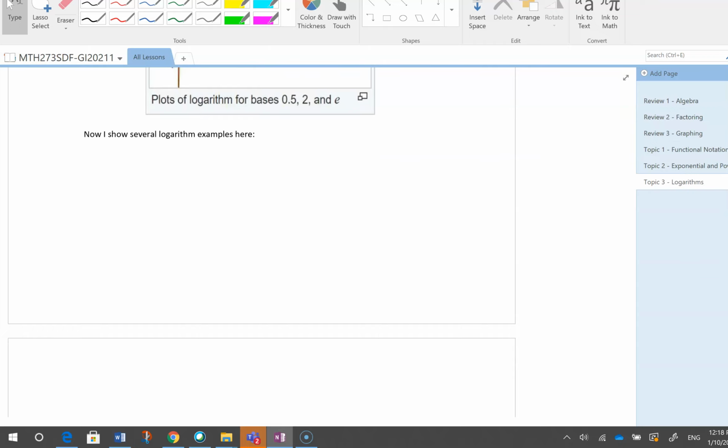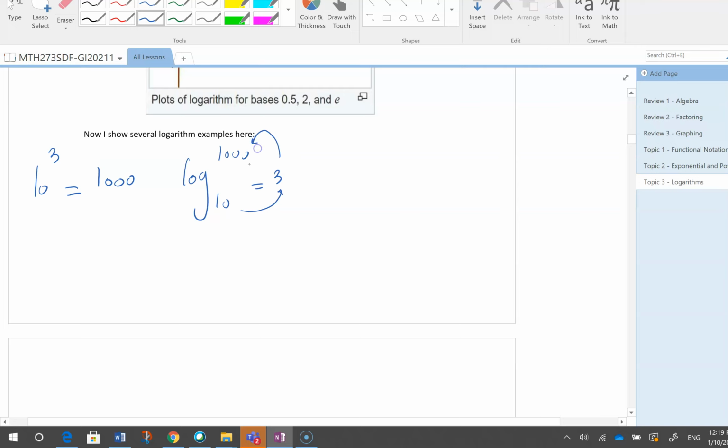Now I want to show you several logarithm examples. What is 10 power 3? 1000. How can I change this to logarithm? Logarithm of 1000 base 10 is 3, because 10 power 3 is 1000.